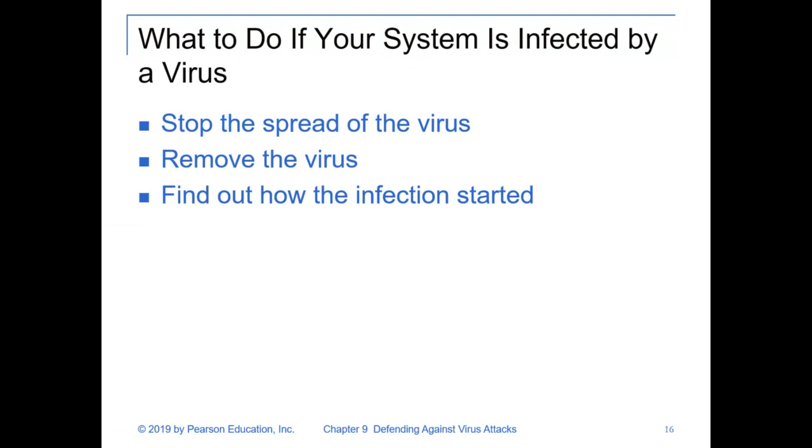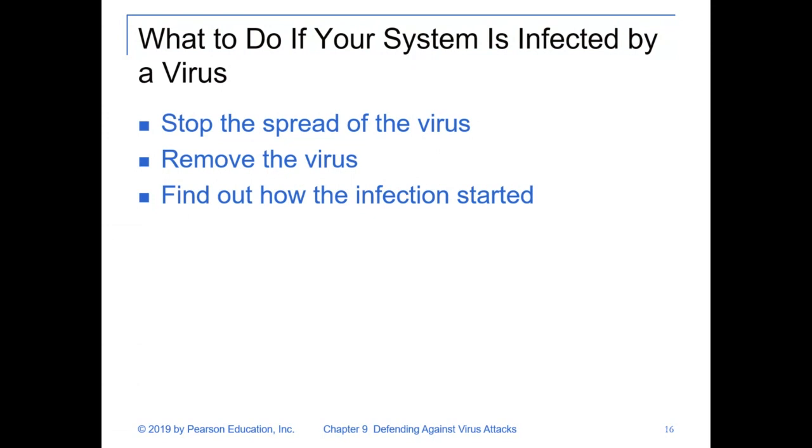If there are servers with sensitive data connected to infected machines, you want to disconnect from those servers, because that prevents the loss of sensitive data. If you have backup devices connected to infected machines, disconnect those as well. That way you prevent your backup from becoming infected too.